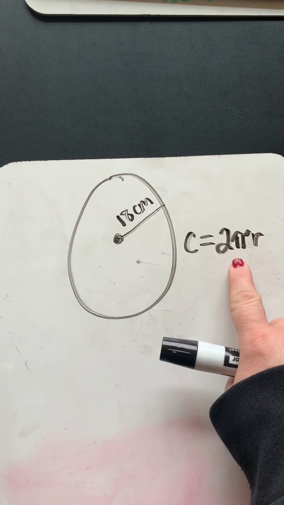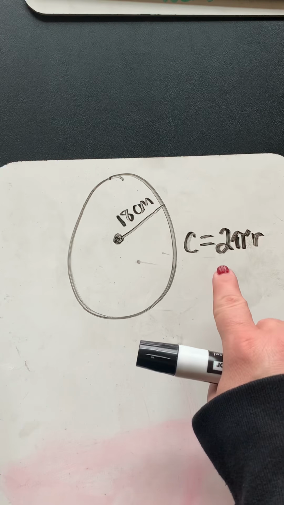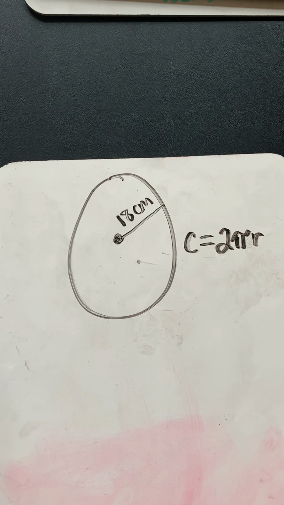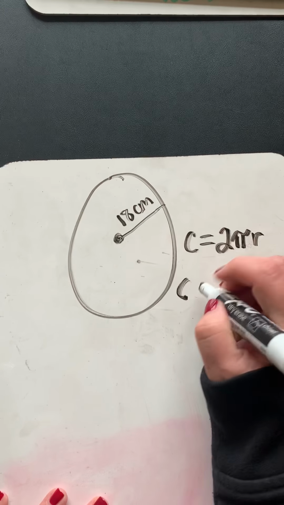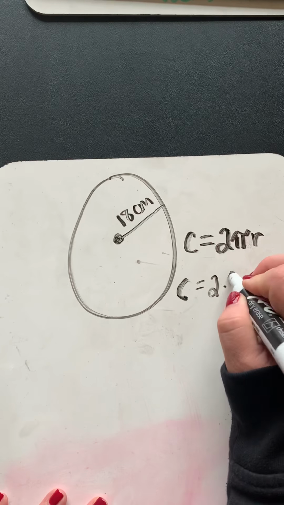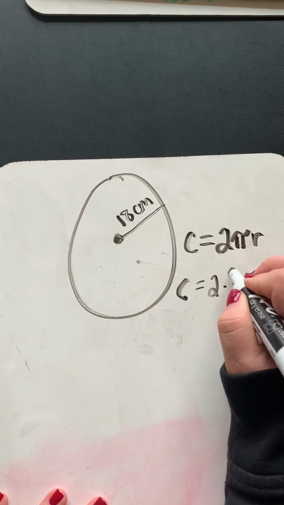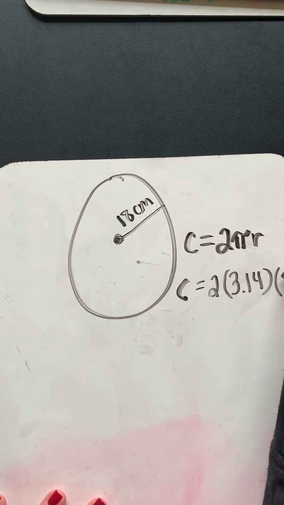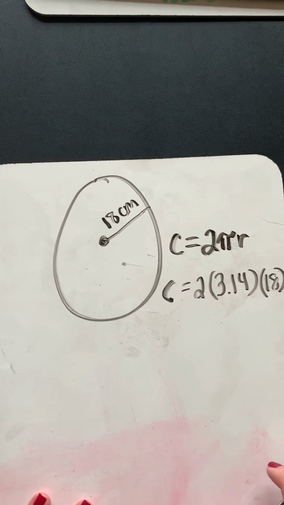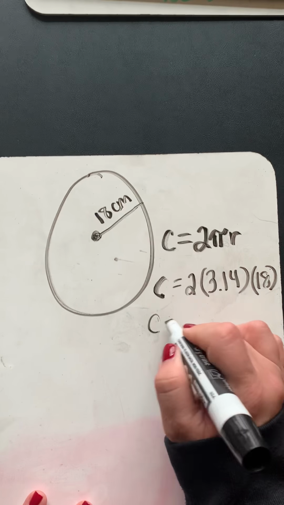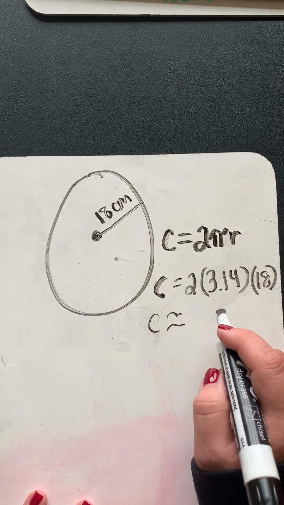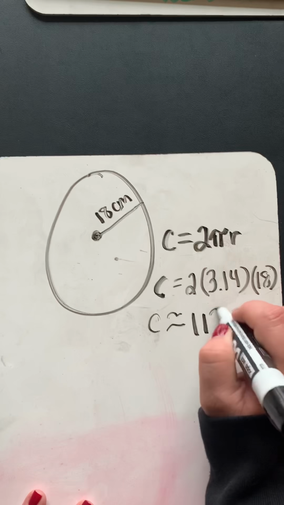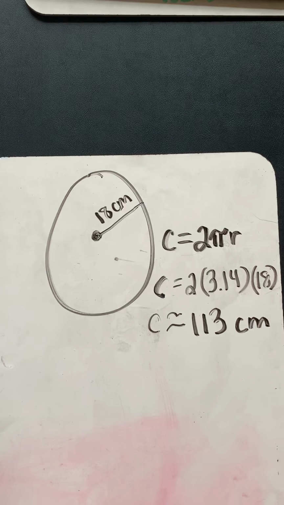So if we want to get that formula equal to the one we previously used, we have to double it. Okay. So you're going to take 2 times 3.14, I'm using parentheses, times 18, whoopsies. And once you plug that into your calculator, you're going to end up with 113 centimeters.